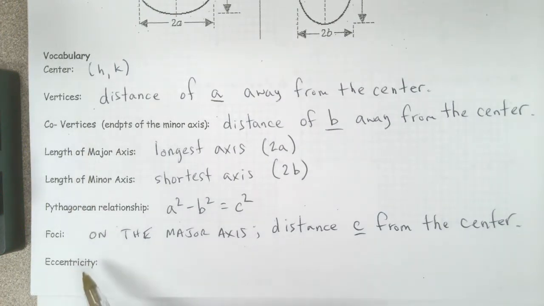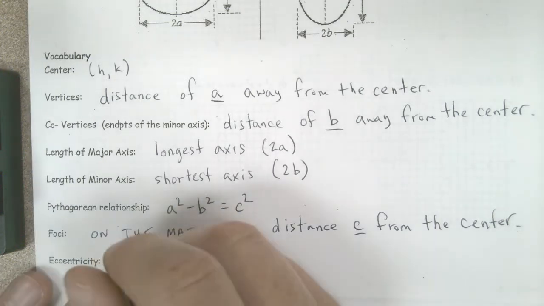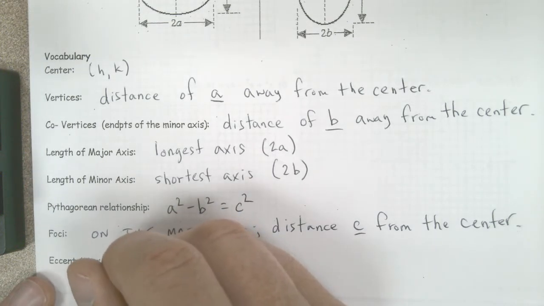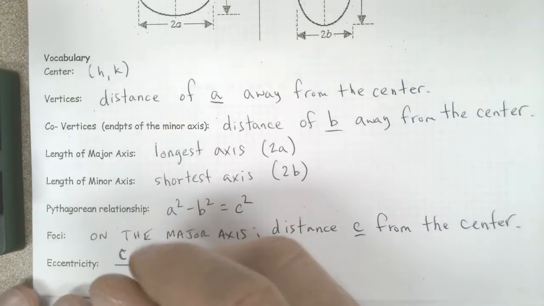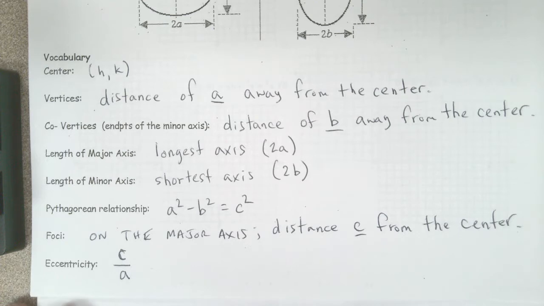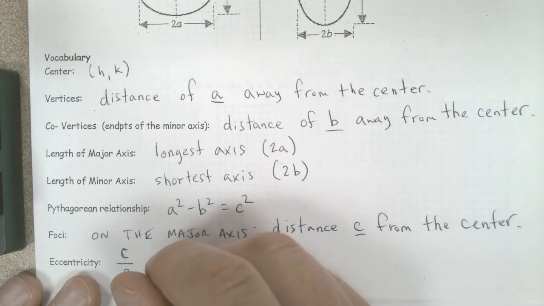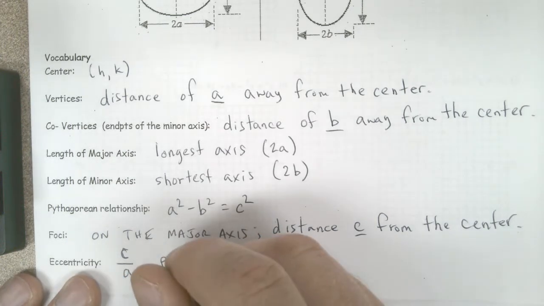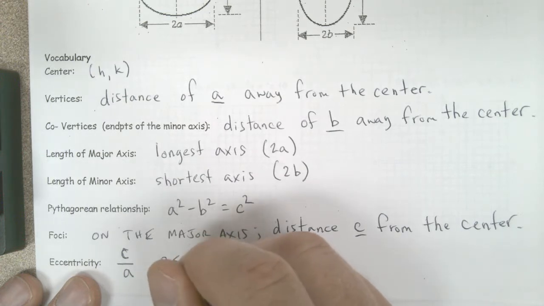Now we have one last vocab term, and that's this concept of eccentricity. Eccentricity is basically the ratio of the c value to the a value, and the eccentricity will always be less than 1.